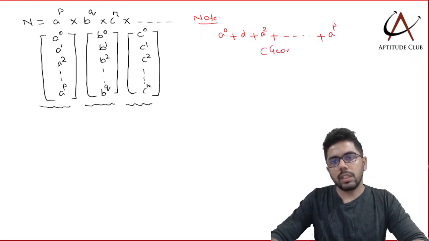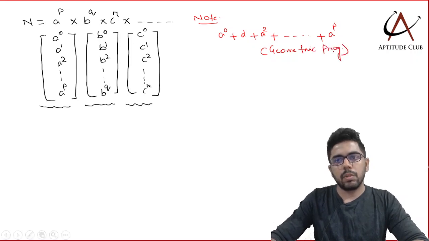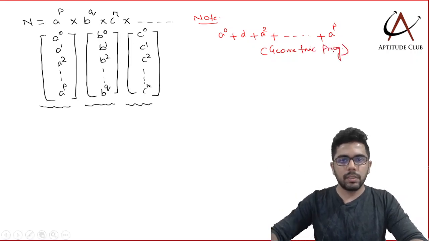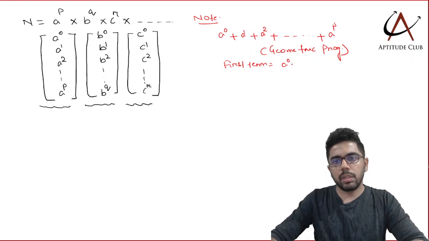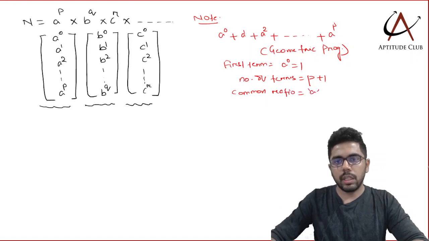So this is essentially a geometric progression now, because a is constantly getting multiplied. तो ये geometric progression का first term is a to the power 0, which is 1. Number of terms is like p plus 1 and common ratio is a.